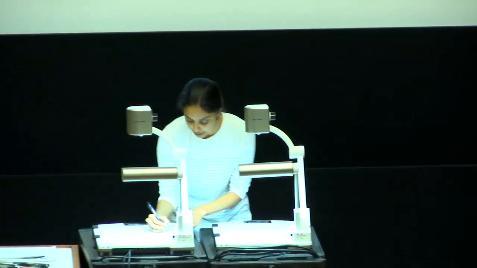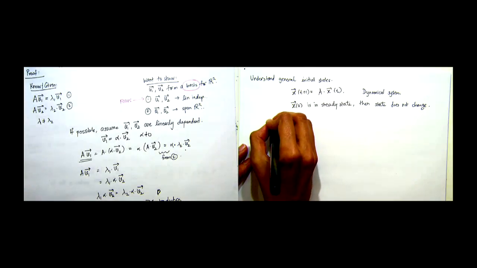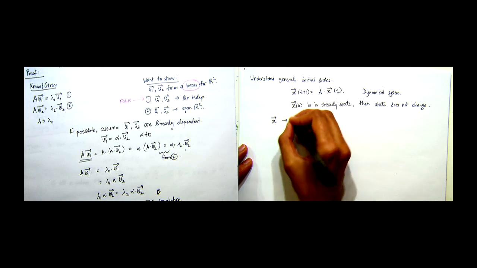What if you start at some arbitrary state x? How can you understand how this arbitrary initial state is going to behave?